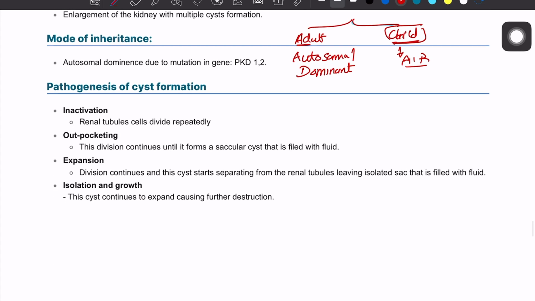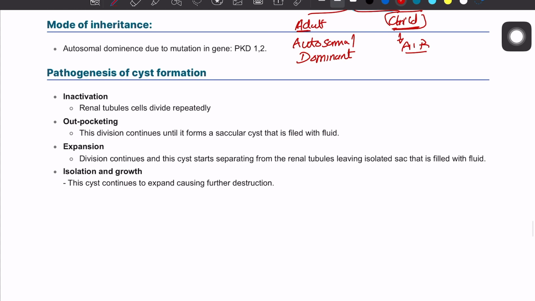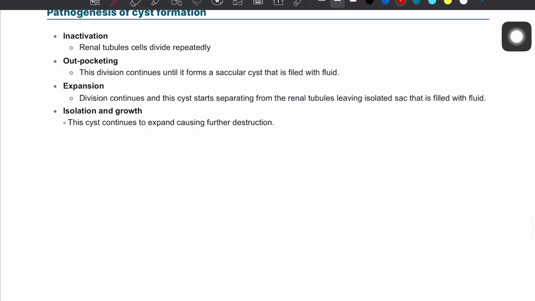What is the pathogenesis of cyst formation? Initially, in the renal tubules, there'll be inactivation of the gene controlling division, and there'll be continuous division of the cells until they start forming something called an outpocketing from the wall.